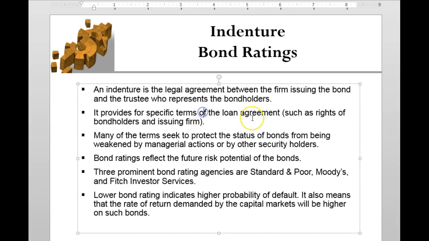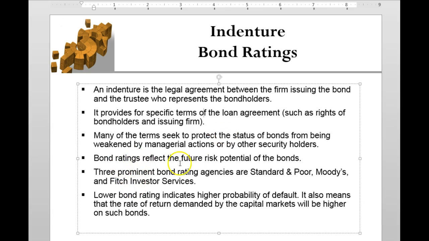It specifies the loan and the agreement and the rights. It protects the status of the bonds from being weakened by any type of managerial action. So if you have a 20-year bond and management is absolutely negligent, there may be something written in there that protects the status of the bonds that you've bought.